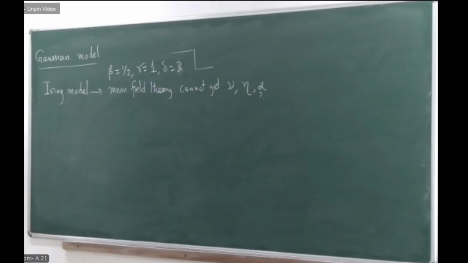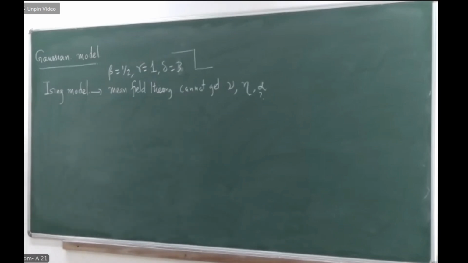So we now want to go back to the Ising model and see whether we can get a better picture of things by trying to do the calculation in a somewhat different framework.